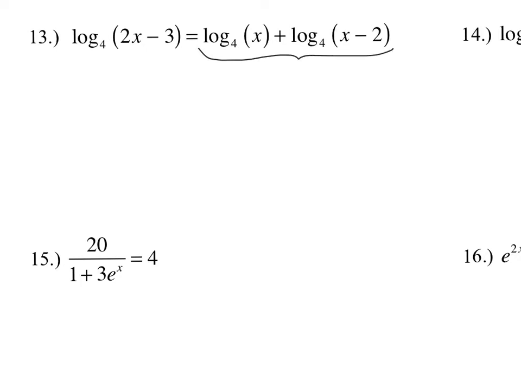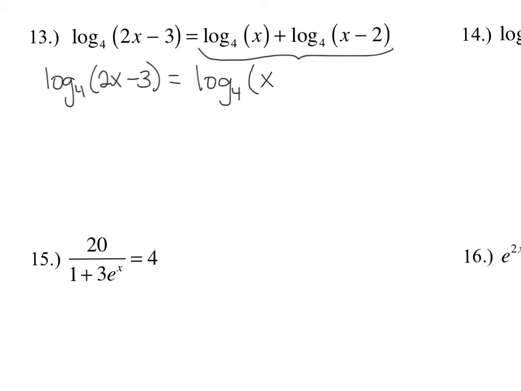So if you have an addition sign, we're going to use our product property. On the left side, I'm just going to keep it the same. And on the right side, I'm going to condense those two logs into one. When you have addition, you're going to multiply x times x minus 2. I'm just going to go ahead and do that.